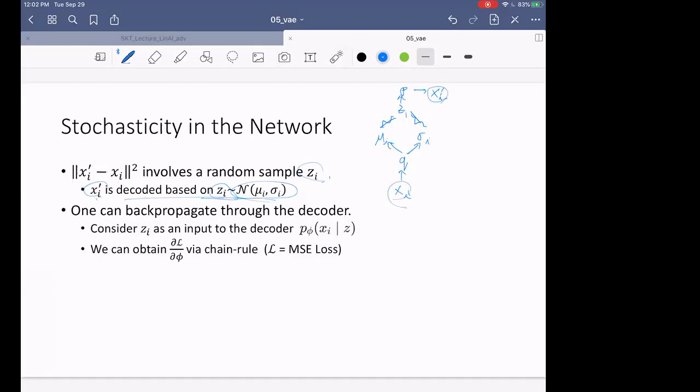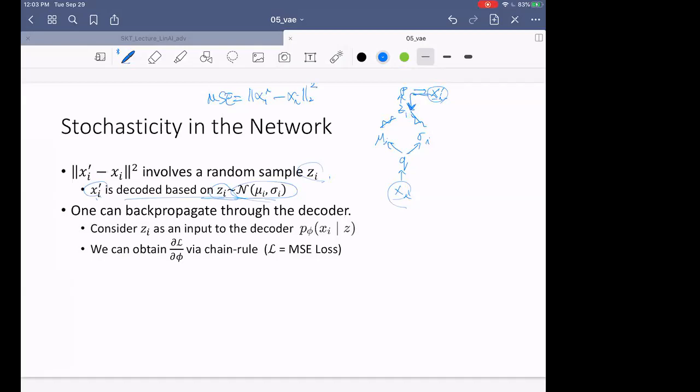Your MSE is x i prime minus x i. So given this, you can start doing backward. You can call backward from PyTorch, and then you can calculate all the gradients for your decoder, because you can safely arrive here.